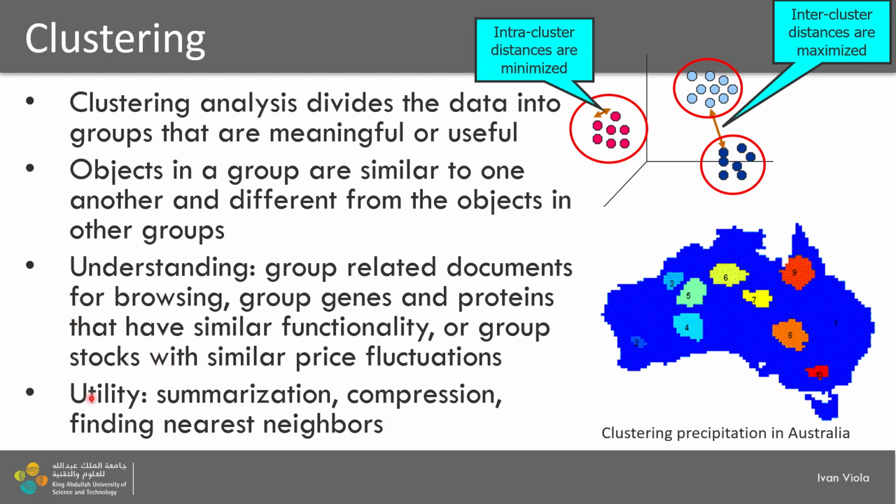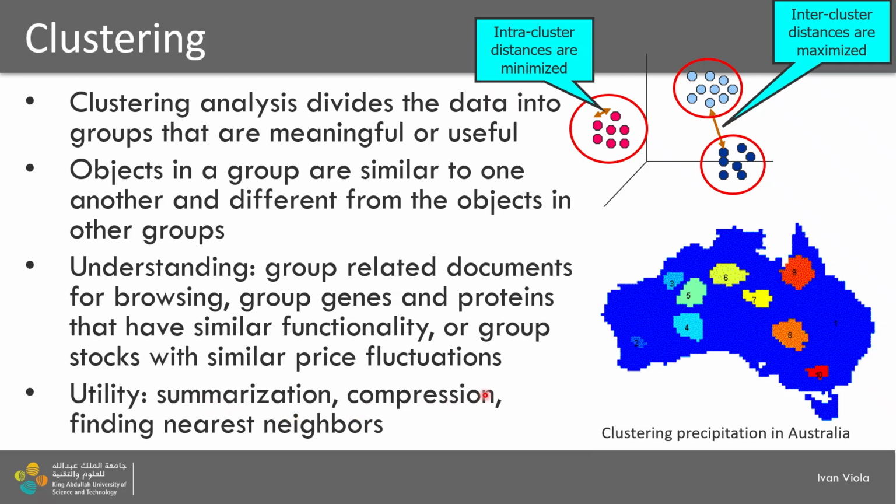But we can also use clustering as a kind of helping system, for example, in summarization. If we would like to have a representative subset, a very small subset of data, then we can use clustering to summarize the data and just use the representatives from clusters to perform a certain analysis on this minimal version of the otherwise large data set.